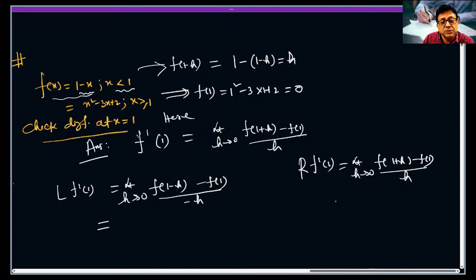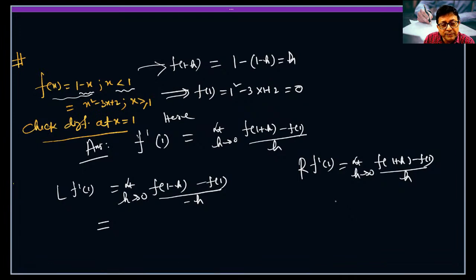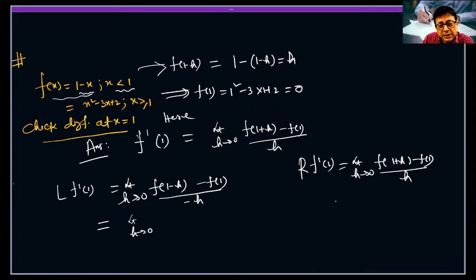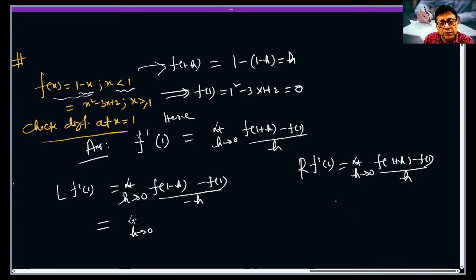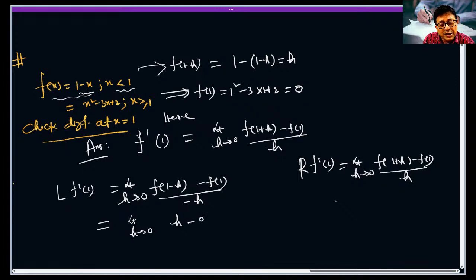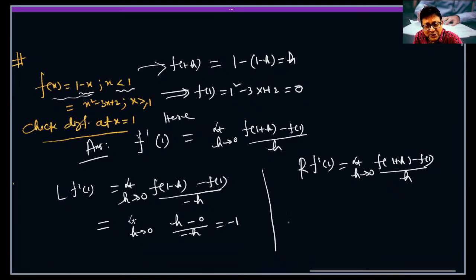So this part is also 0. This will be limit h tending to 0, h minus 0 by minus h. The value is minus 1. Isn't it? The left hand derivative you got is minus 1.